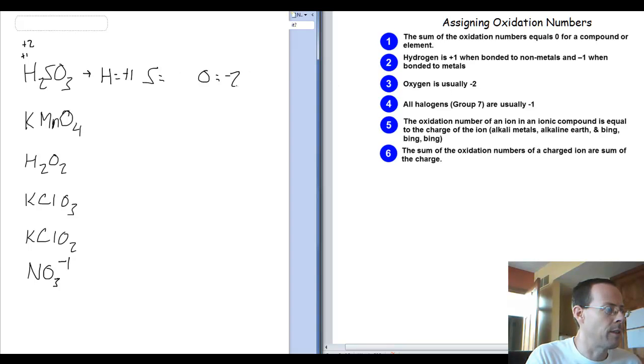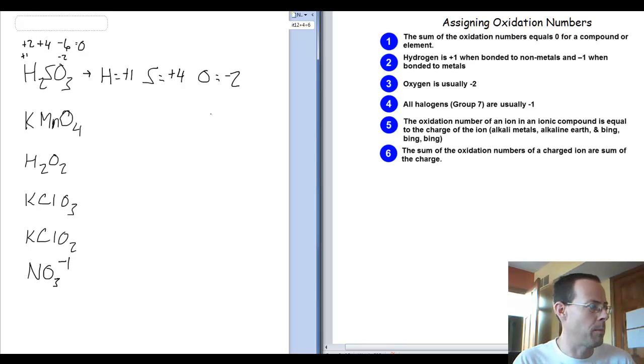I'll put a -2 here, and because we have 3 oxygens, that's a -6 altogether. The sum of the oxidation numbers equals 0 for a compound or element. So 2 plus x minus 6 equals 0, which means S in this case must be a +4. We have just assigned the oxidation numbers of each element in the compound.